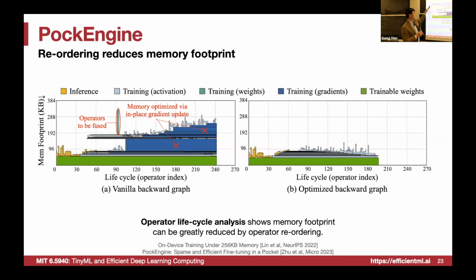The y-axis is the memory footprint, and here is the operator index, the life cycle. By fusing the operators, we can free up that memory, and also via the in-place gradient update, like we just mentioned, we can release this buffer a lot. So you can save a lot of peak memory and also reduce the life cycle.